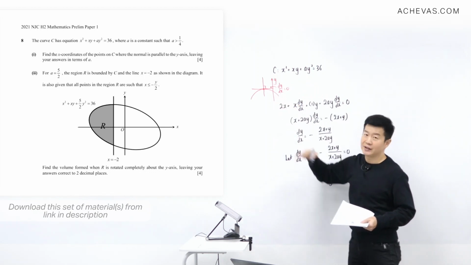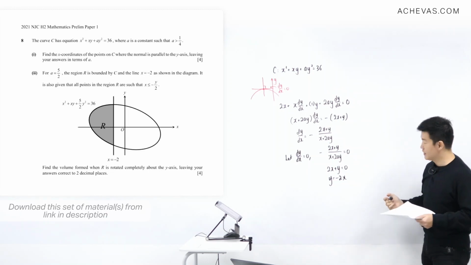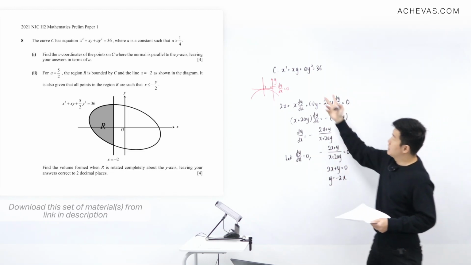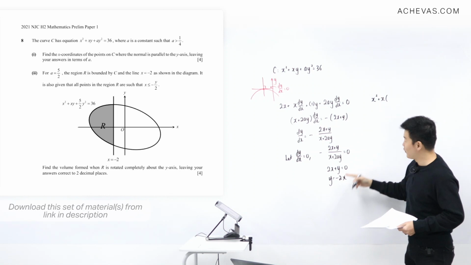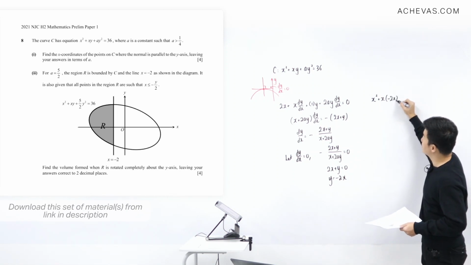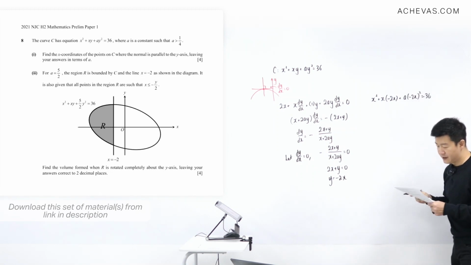In order to find the actual points, I just need to solve these two equations as simultaneous equations. Let's substitute this equation into here, which gives us x squared plus x times y, which is minus 2x, plus ay squared, which is a times minus 2x squared, equal to 36.